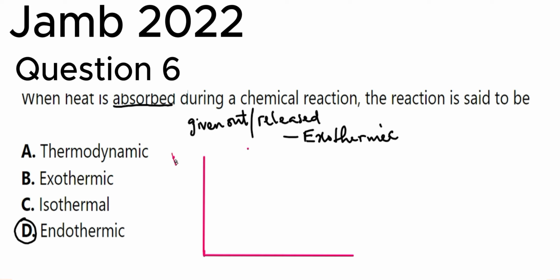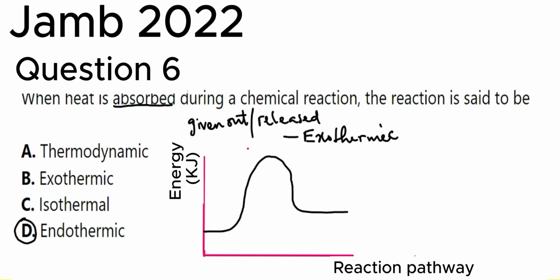Now let's look at the energy profile of the endothermic reaction. We have the energy up there, and we have the reaction pathway on the horizontal axis. That is the reactants, that is the product.